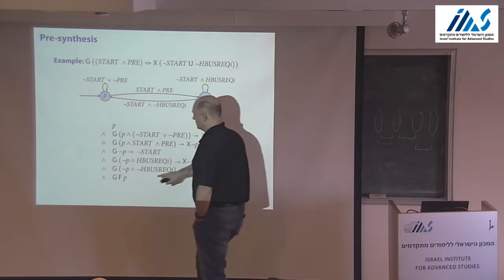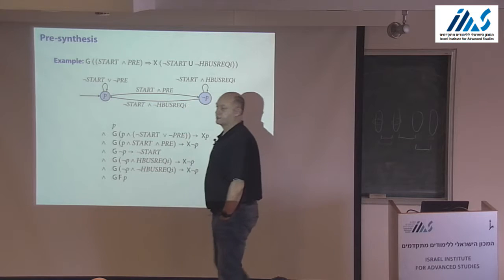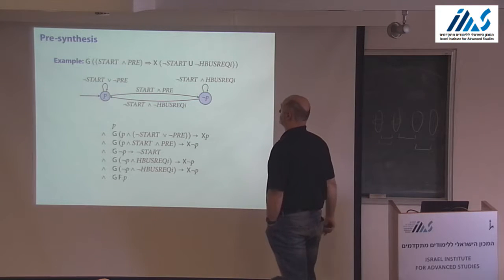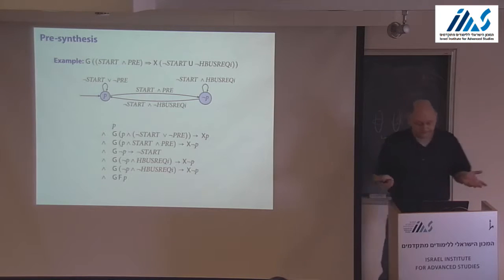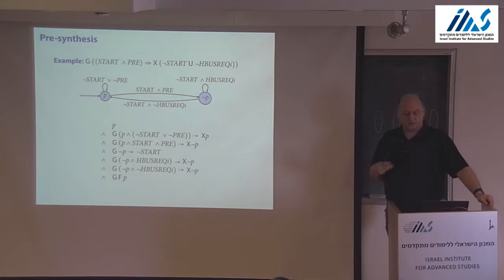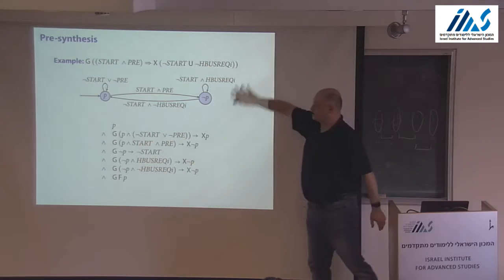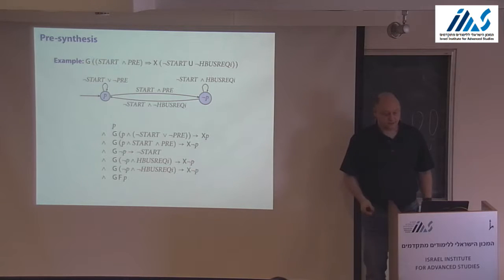And at the end, you say that the acceptance condition of the automaton is satisfied. So that works, but it also means that the specifications may look a little bit more ugly than you would like, because you have to go from here to there before the synthesis starts.